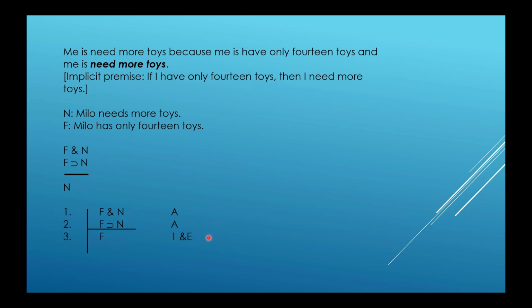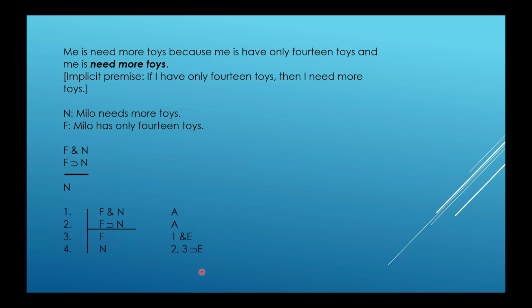You need this here because remember what the conditional elimination rule says. It says you have to have a conditional, you got that here, and you have to have the antecedent of the conditional. F and N is not the antecedent of the conditional. So you've got to get that antecedent out first with conjunction elimination.